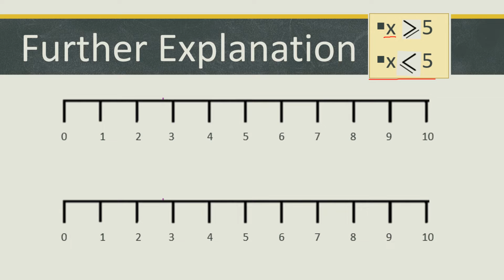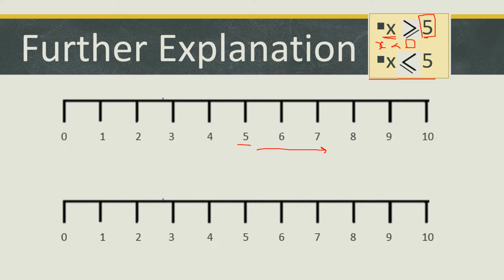So x, we don't know what the number x is, but it can be greater than 5 or it could be 5 itself. So we really aren't sure what x could be. We only know that it could be 5 itself or the numbers greater than 5. So x is greater than or equal to 5, and there are no numbers after it, so it doesn't have a limit.